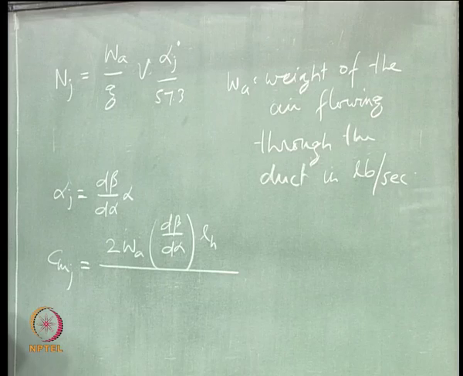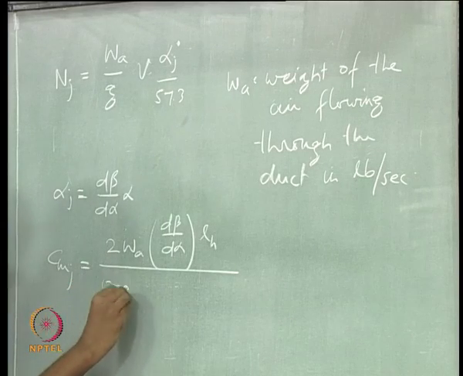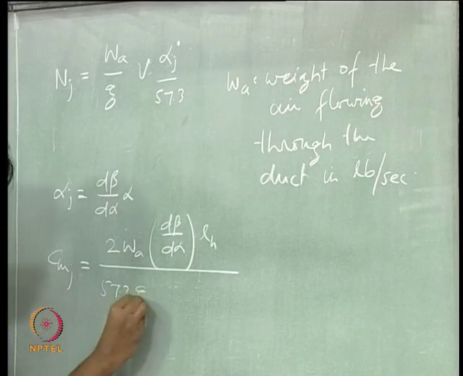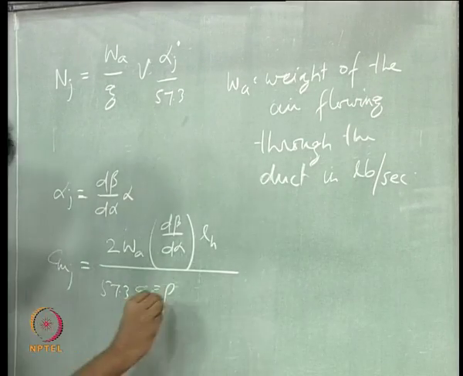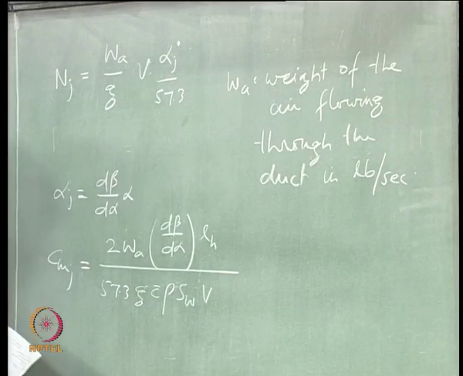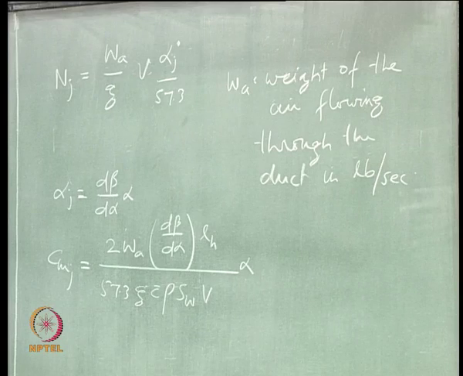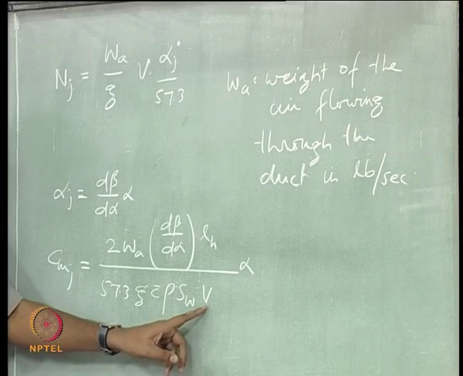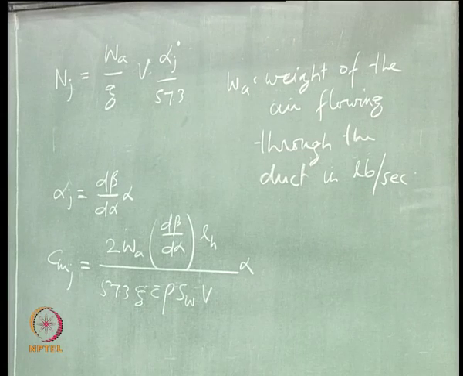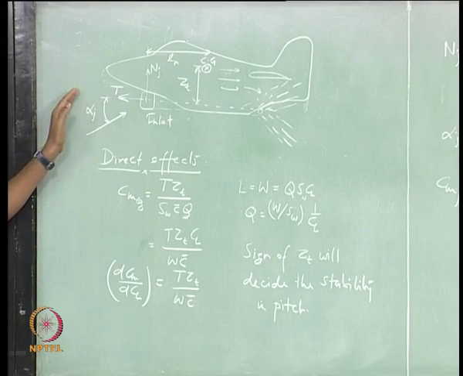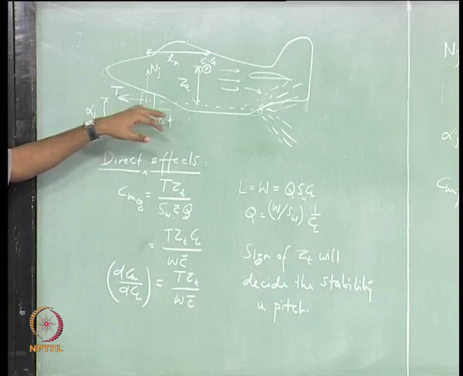So finally we get this expression, and this clearly depends upon the velocity itself, right. The speed of air at the inlet can be slightly different from the free stream velocity, because the flow is taking a turn here.